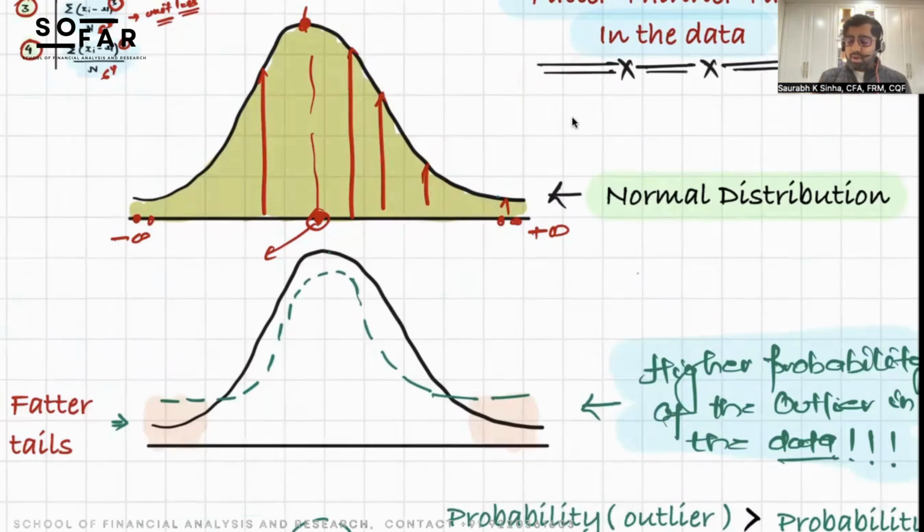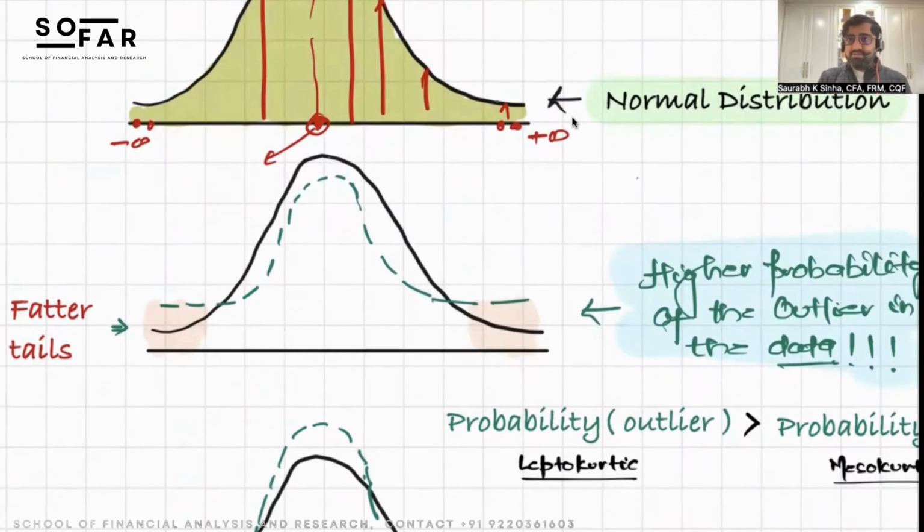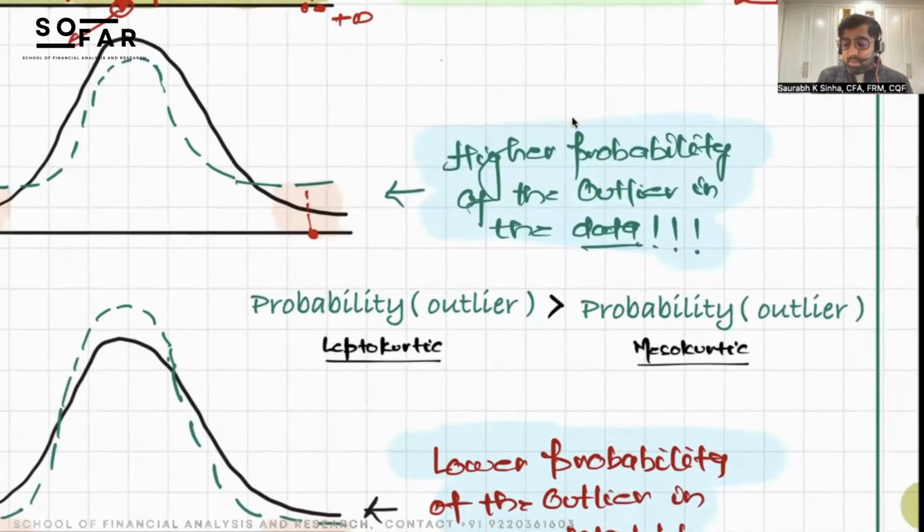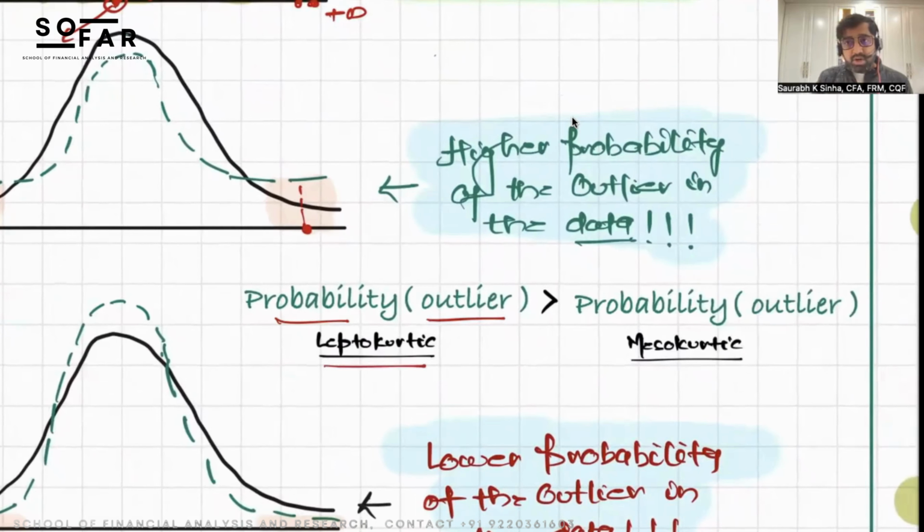So when I'm talking about a distribution which has a fatter tail, it means the probability of an outlier is higher than if it were normally distributed data. So it simply means that the probability of an outlier in a leptokurtic distribution, which has a fatter tail, is higher than in normally distributed data.